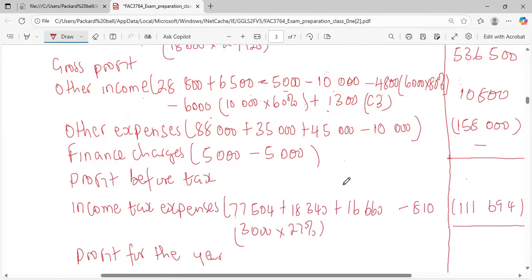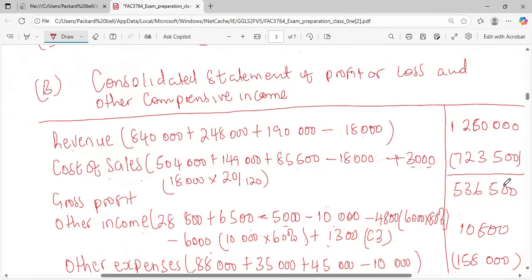Then what else do we need? Which means here we need the profit. That's all. We need the profit before tax. So let's come here. We start from here.